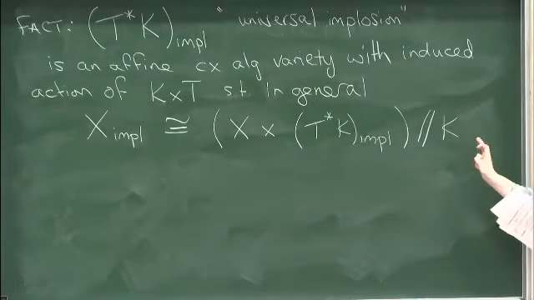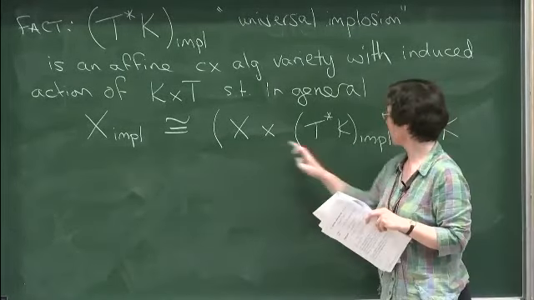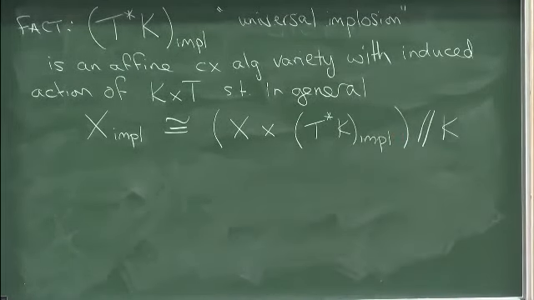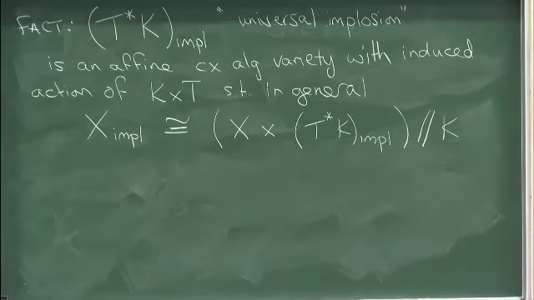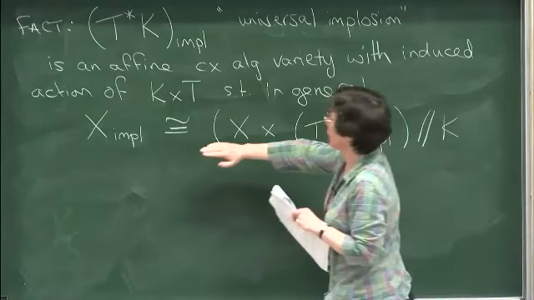We're taking symplectic reduction via the diagonal K action on these two, and then we'll be left with a residual T action coming from the T action on here. And that gives us the imploded cross-section in general.